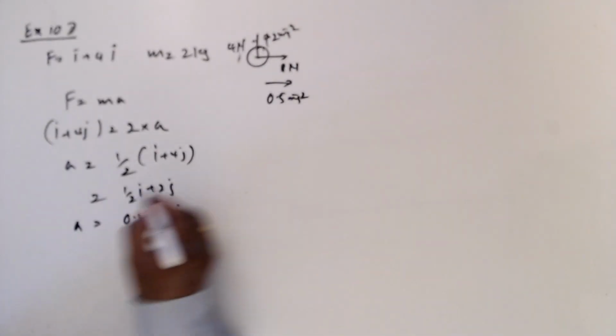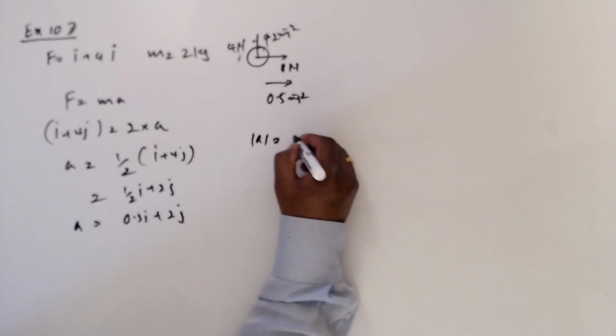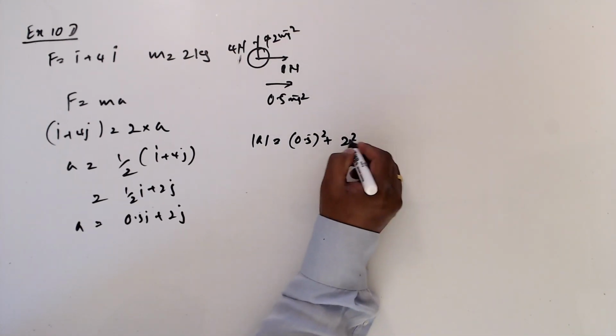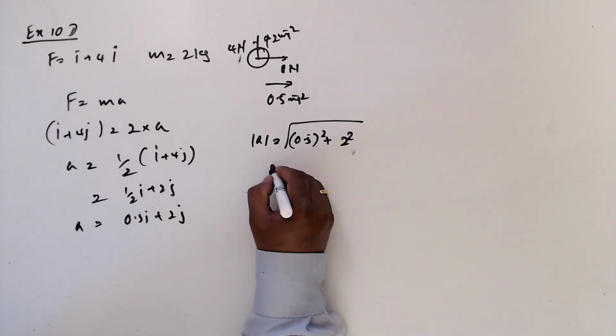So this is a. So the magnitude, mod a, is the square root of 0.5 squared plus 2 squared.